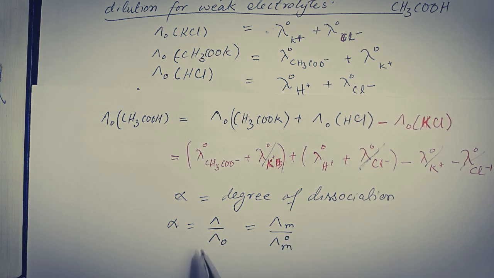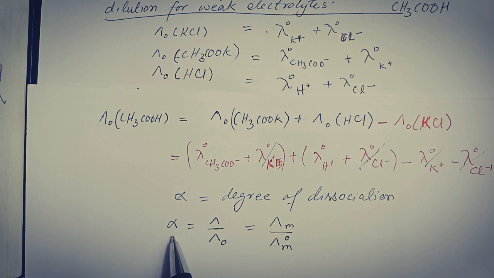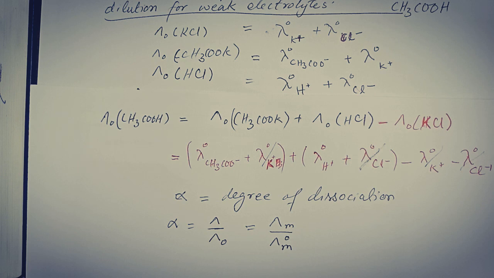So for these specific values of the equivalent or the molar concentration of the electrolyte, we can calculate the degree of dissociation. Here we can calculate the degree of dissociation of weak electrolytes for the variable concentration of the electrolyte in the solution.